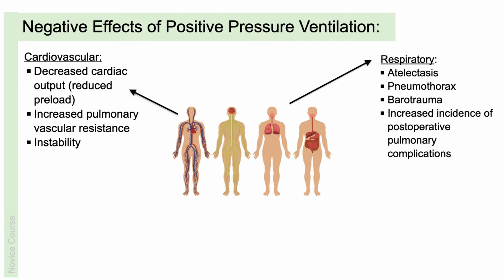The increase in intrathoracic pressure also causes an increase in the pulmonary vascular resistance, which increases the right ventricular afterload and the right ventricular work, and this results in a reduction in the output coming from the right ventricle also.